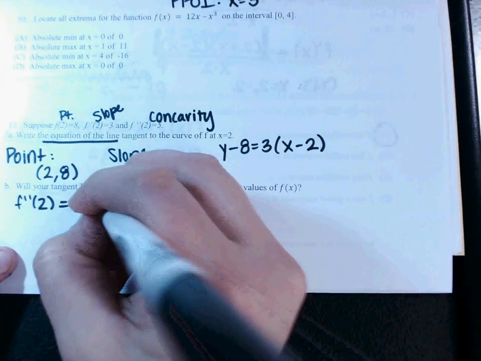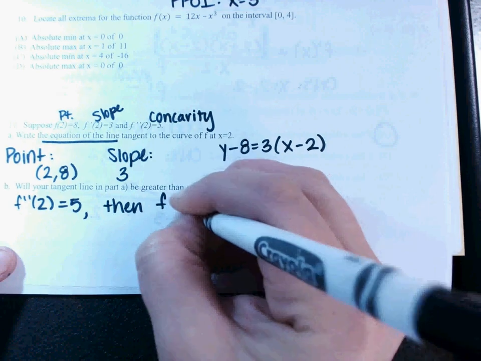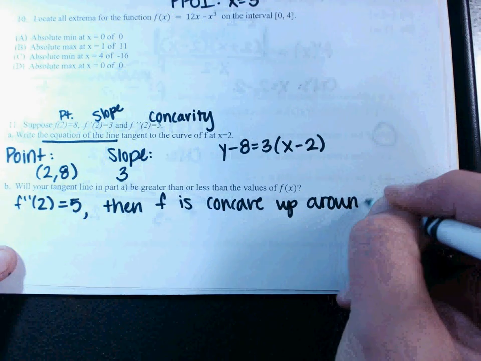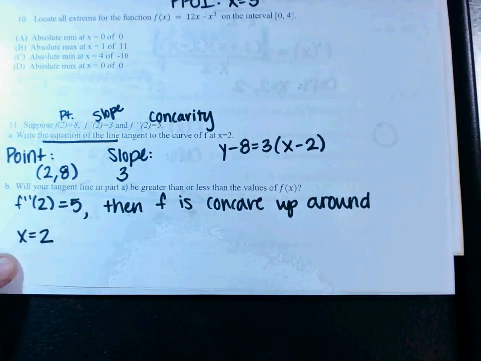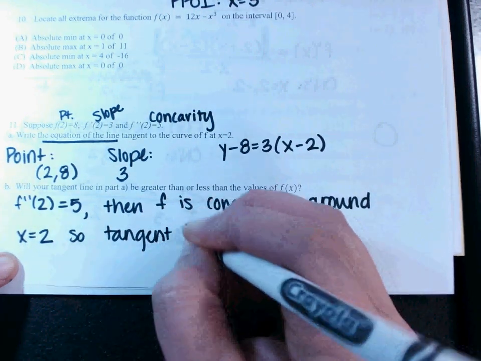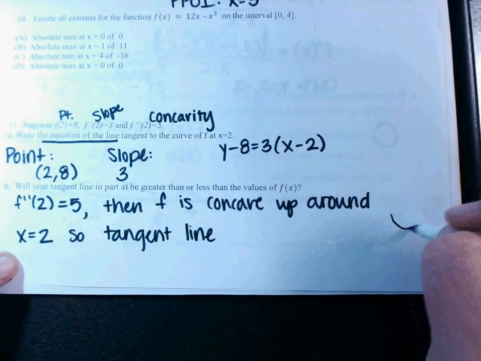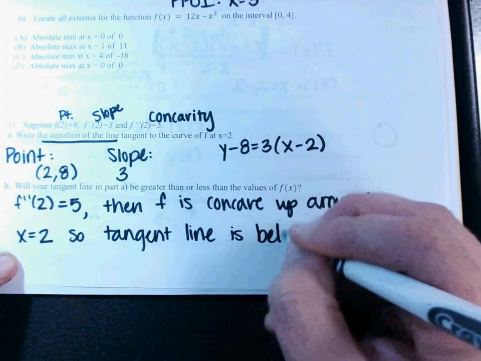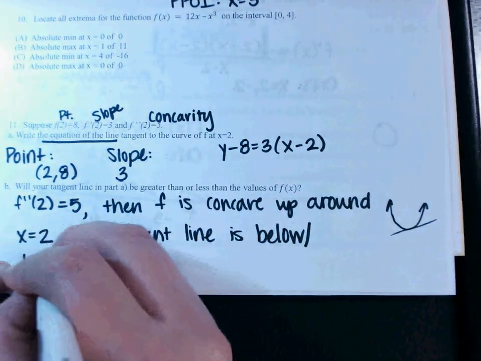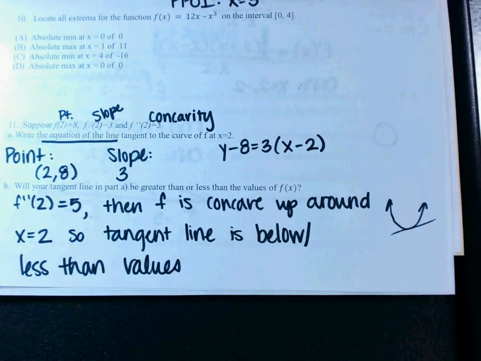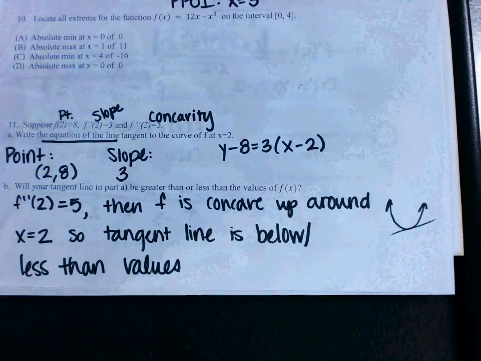So I'm going to put then, f is concave up around x equals 2. So tangent line is, okay, let's draw a graph. Concave up. Where will my tangent line fall? Below. So tangent line is below or less than f values. Okay? Great. Turn the page.